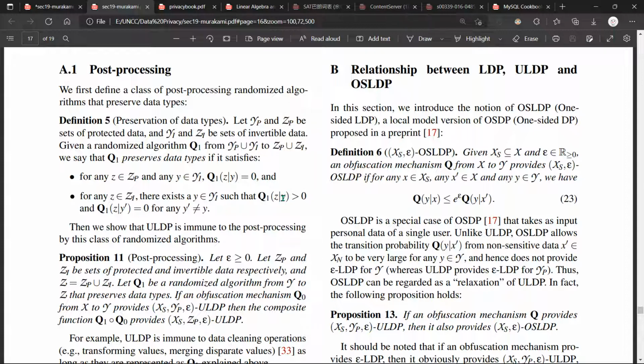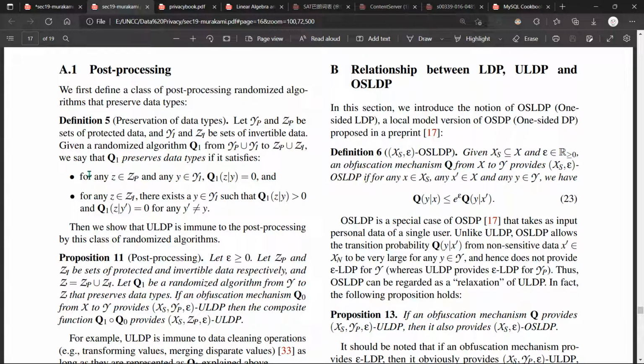Right? You put y in there, and you get z, and the probability of that is larger than 0. And if you're using another y that's not equal to this y, then it should be 0. Then you can find the specific z here. You see what I'm saying?